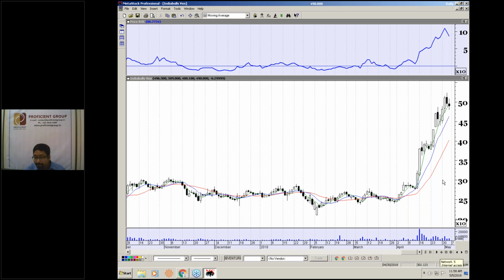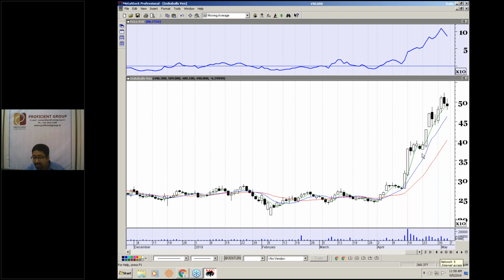So prices are above both the 9-day and 18-day moving averages. The 9-day moving average I have plotted in blue, the 18-day in red, and the 4-day in green. The price is also below the 4-day moving average, which is the definition of our consolidation phase, or a little bit of pullback phase. So these stocks are coming into our radar.